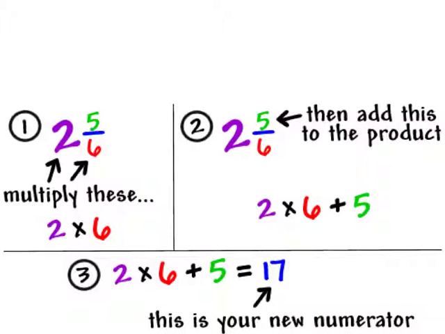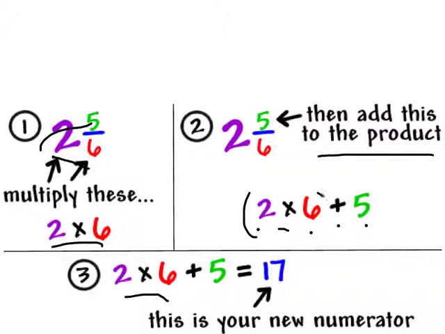Again, this is just another example of how to convert these. Like I said, you multiply 2 times 6 and then add the 5. Now remember, in your order of operations you would do the multiplication and then the addition.